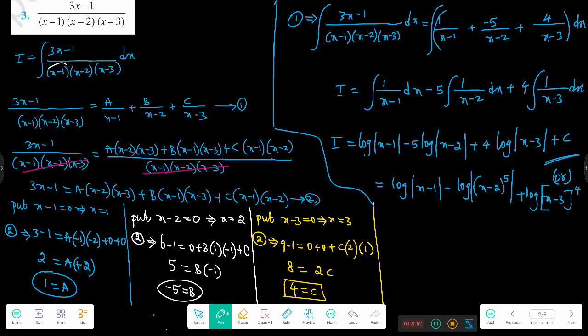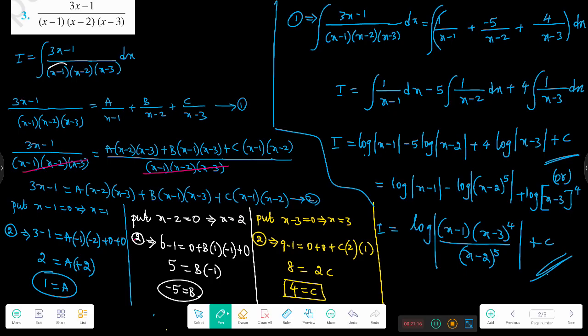Now you can apply the formula and multiply inside the log. So log of x minus 1 into x minus 3 whole power 4, and whatever we have with minus, you should write in the denominator. So x minus 2 whole power 5, together you can give modulus, plus c. Or else you need not give modulus because power 4 is even. This is the final answer, or you can stop before this step also, they will accept.